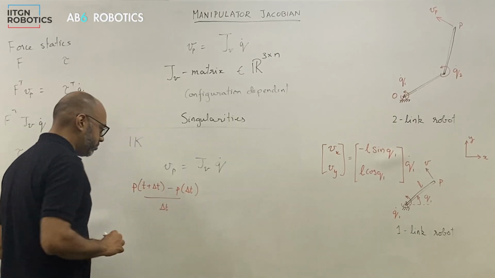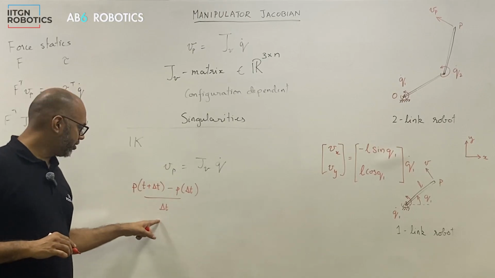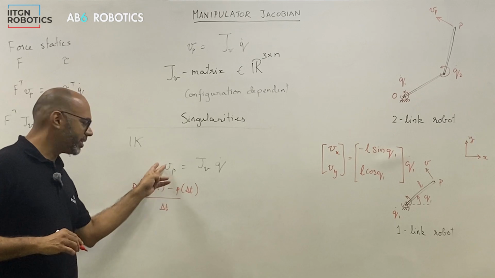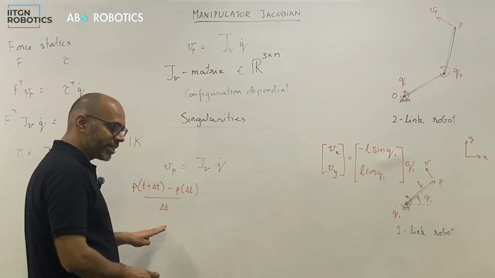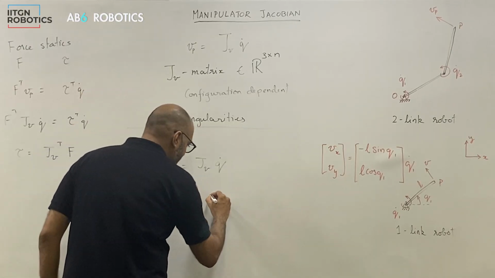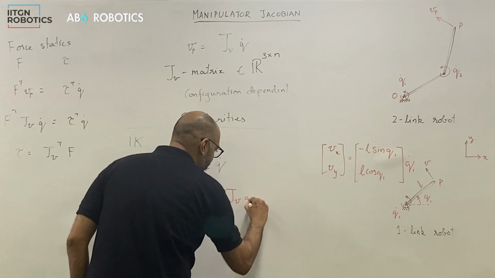As you may remember, the limit of this as delta t tends to 0 is literally the definition of the derivative of p, which is just Vp, right? So this is an approximation, and it is quite close to Vp when delta t is small, and we say this is still equal to Jv times q dot.